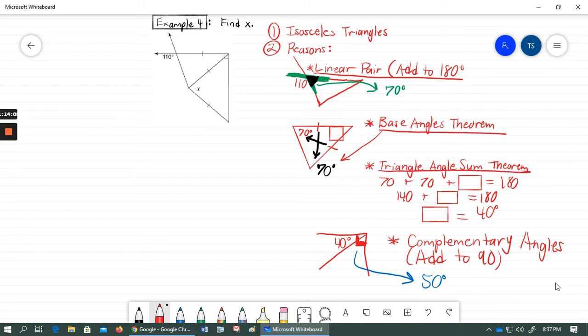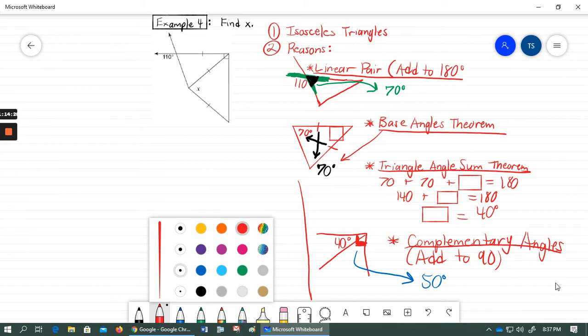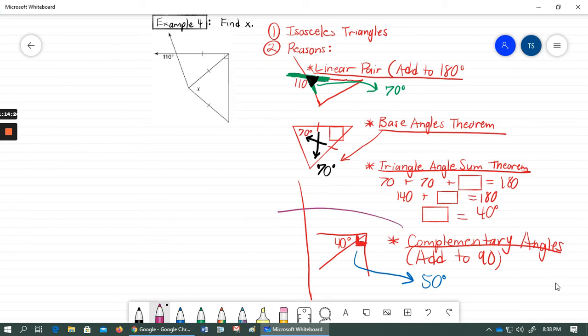Okay, and then our next one, I hate to even do it like this, but it's going to be okay. Next, from there.